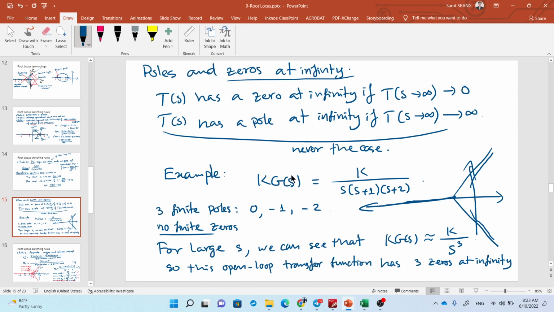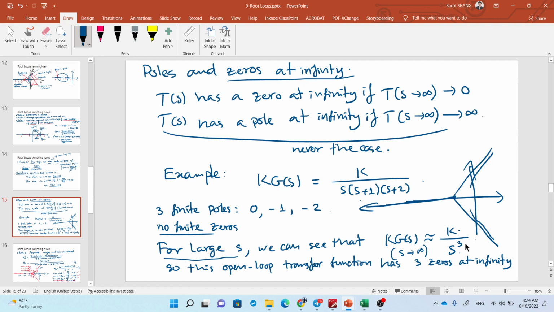For example, if we have a third order system and take the limit as s approaches infinity, we can reduce it to just k over s to the 3. That means there are three zeros at infinity. It means s somewhere at infinity makes the transfer function tend to 0, not exactly 0, but tend to 0. That's called a zero at infinity.